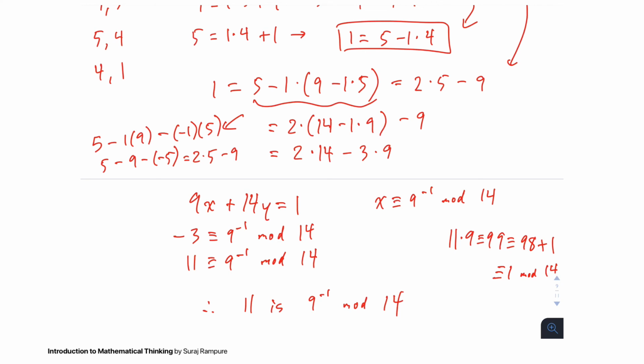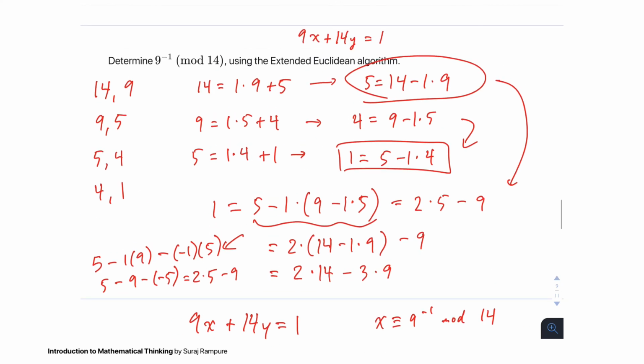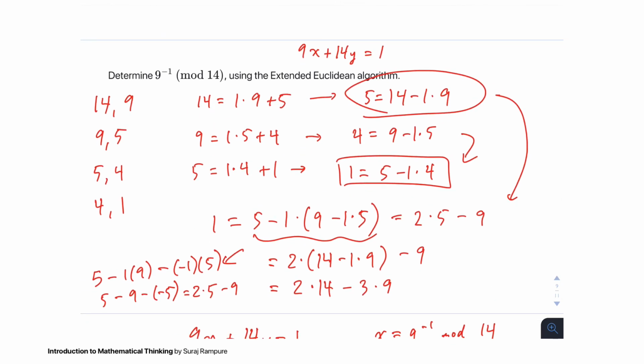Okay? So it seems like there's a lot going on, but no matter the situation, it's always the exact same process. Okay? You write out your calls to the Euclidean algorithm, right? So in this case, we had 14 and 9, 9 and 5, 5 and 4, and 4 and 1. We write them in terms of the division algorithm and rearrange for the remainder.